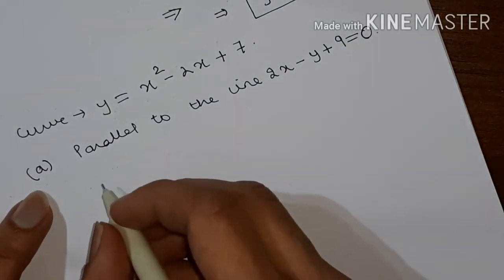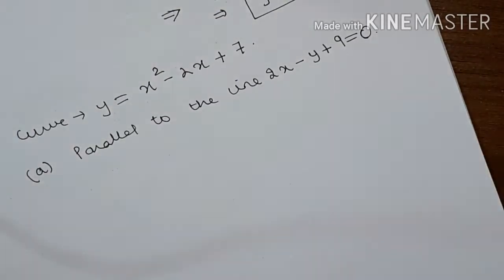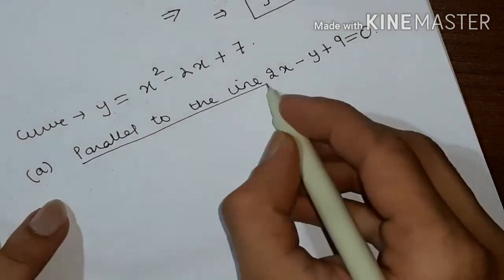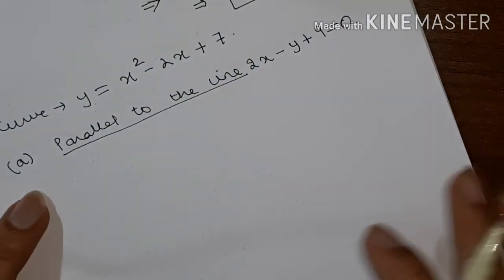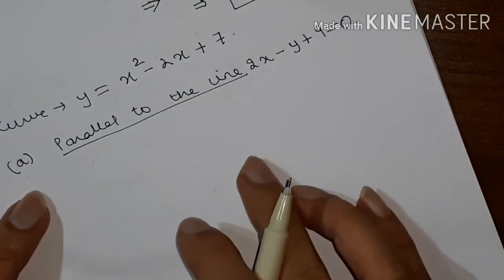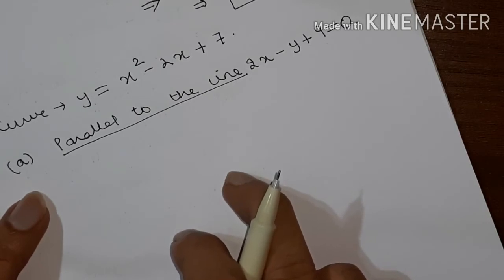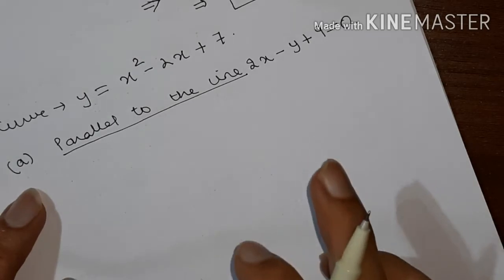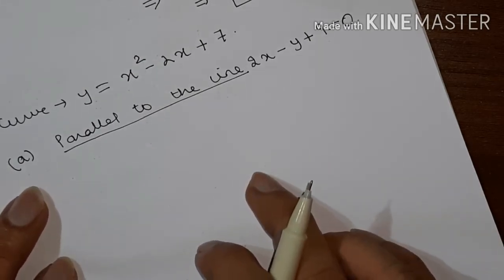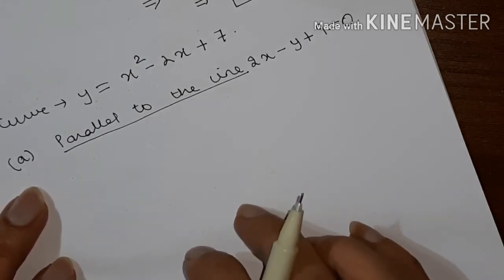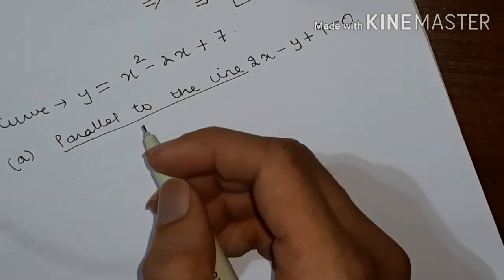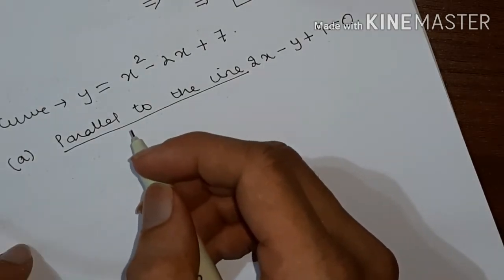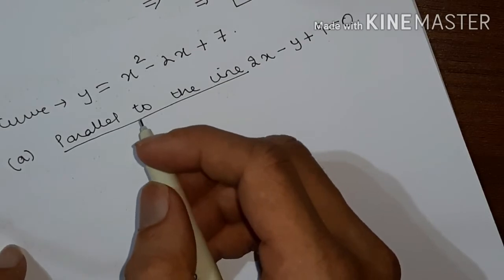So first we have to take a point (a, b) on the curve at which the tangent is parallel to this line. That is the first thing we have to do. Always remember that the point on the curve is very important. After finding the point, you can find the equation of the tangent if the point is not given. In this case the point is not given, so we have to first find the point and then the equation of the line.